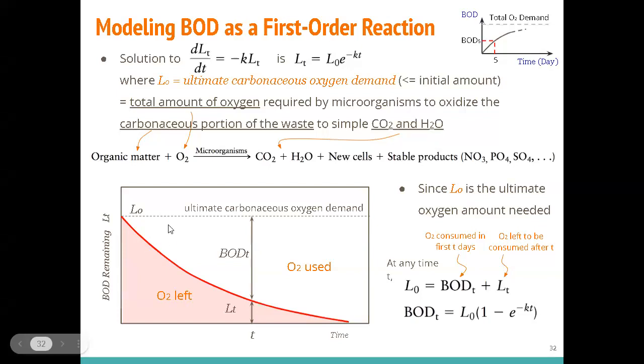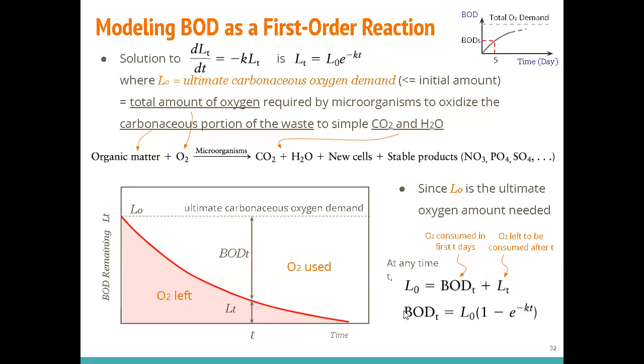And the other part, the white part in this graph, is the dissolved oxygen used by digesting your organic matter. If you add them together, they should equal your initial amount L0. So L0 equals your oxygen consumed, which is the white part, plus the organic matter left behind.